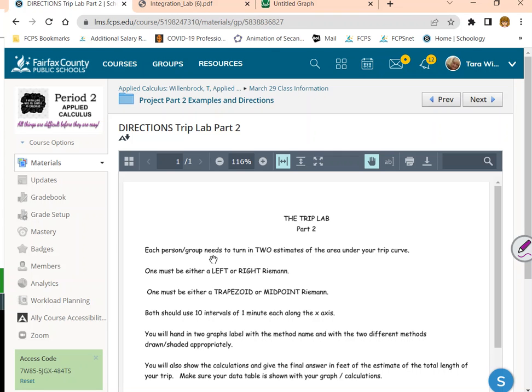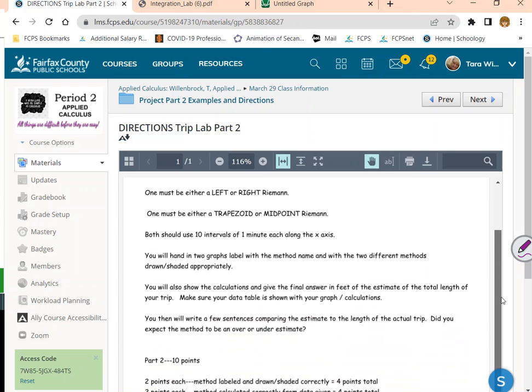One of them can be either left or right Riemann. So I did a left. And then the other one has to be either trapezoid or midpoint. I did midpoint for mine.